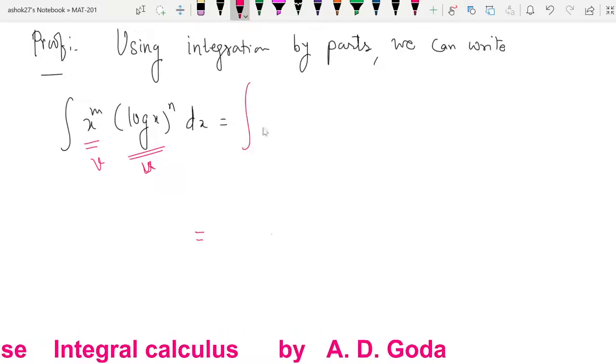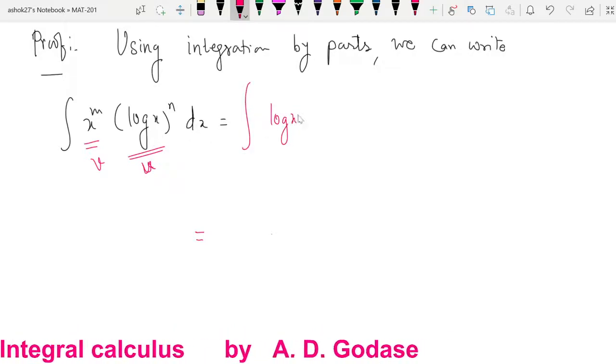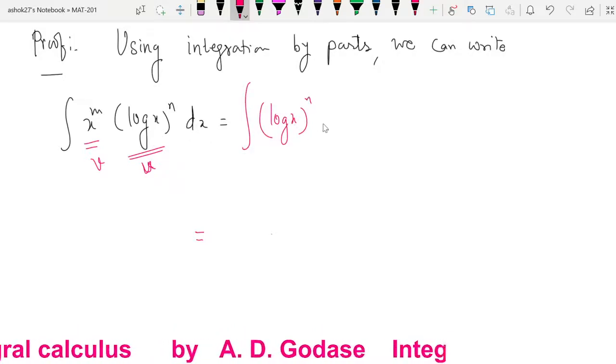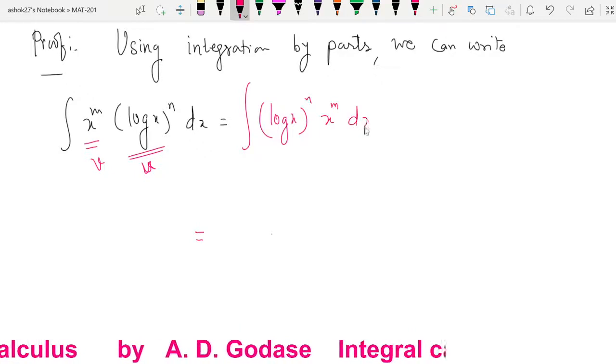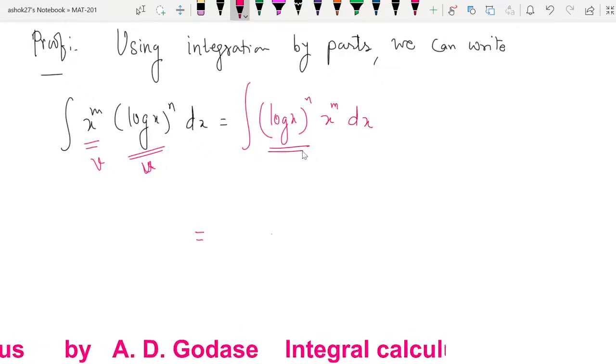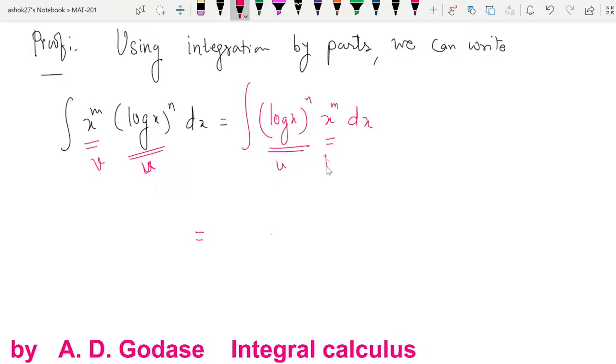So I will write it as log x its power n into x raised to m dx, where the first function is u and the second function is v.